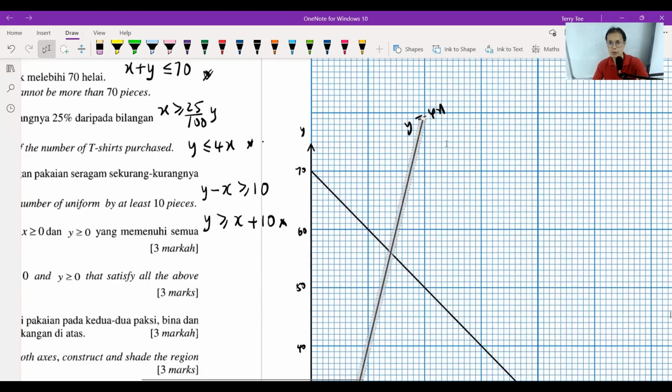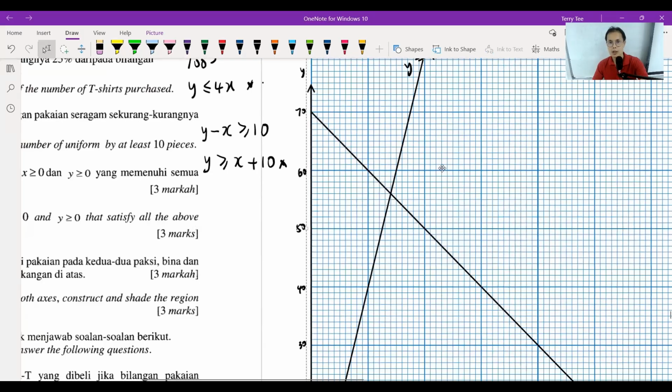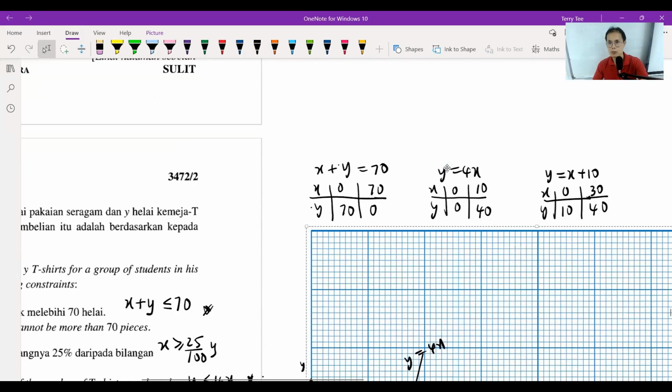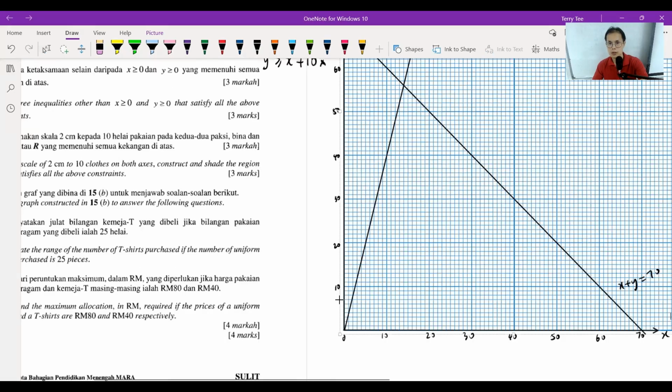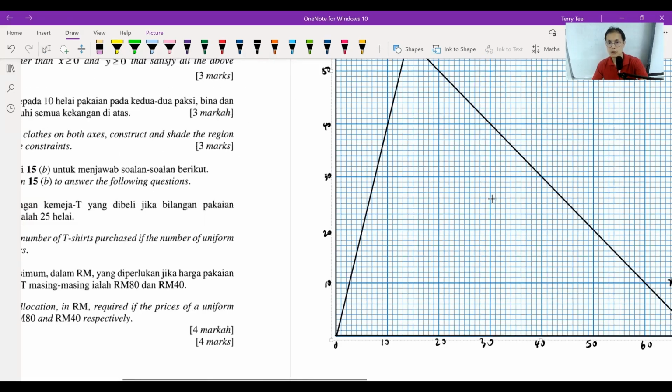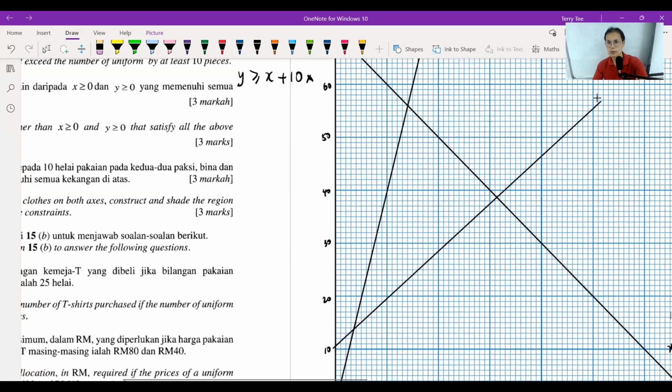Make sure it passes 10, 40. Yeah, 10, 40 is there. Third one, 0, 10 and 30, 40. 30, 40 should be here. Oh, it's a nice point.